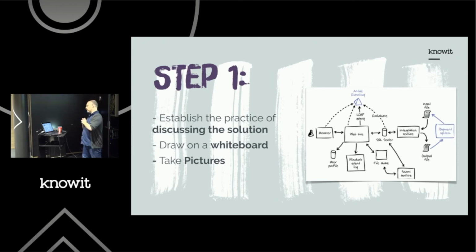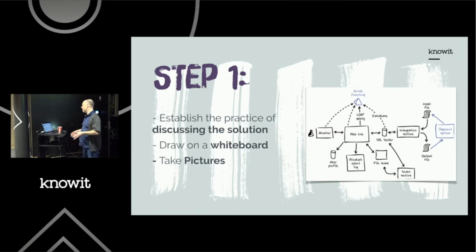So when you start out with a team or a group of teams, and remember, you have to start small, just establish the practice of discussing a solution on the whiteboard. A lot of teams don't do this. You might use Scrum, you might have sprint planning, you might try to invite the stakeholders in and discuss the backlog and agree, and then you prioritize and maybe you do planning poker, but you don't stop and just think the solution through.